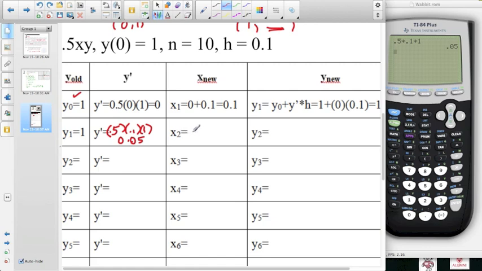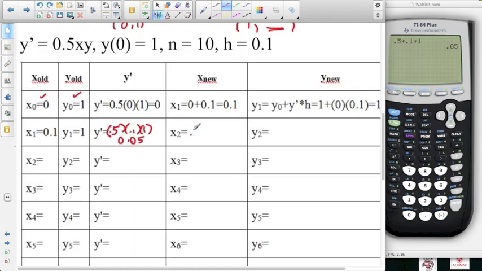Our new value for x2: we started at 0.1 and moved 0.1, so our new value for x2 is 0.2. Our new value for y2 is y sub 1, which is 1, plus the slope, which is 0.05, times the step, which is 0.1.